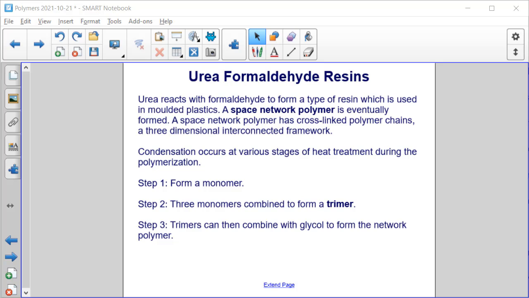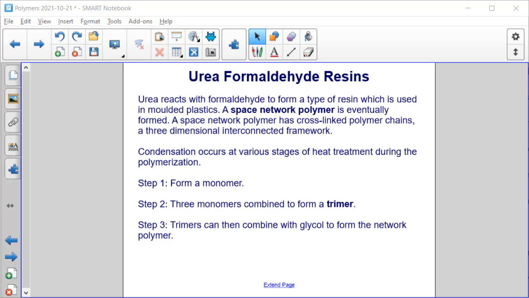Urea formaldehyde resins. Urea reacts with formaldehyde to form a type of resin which is used in molded plastics. A space network polymer is eventually formed. A space network polymer has cross-linked polymer chains, a three-dimensional interconnected framework.